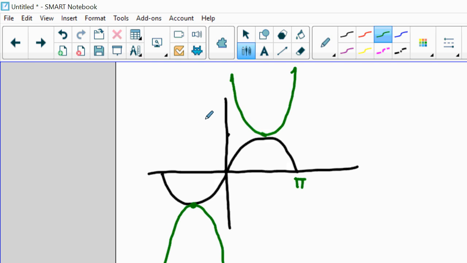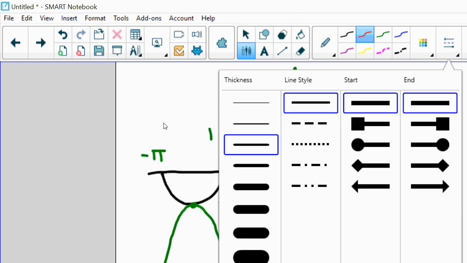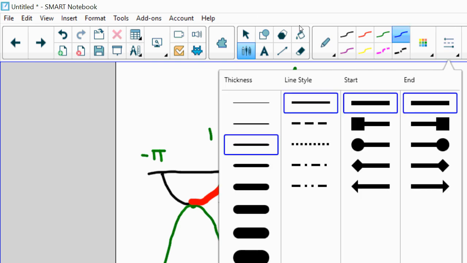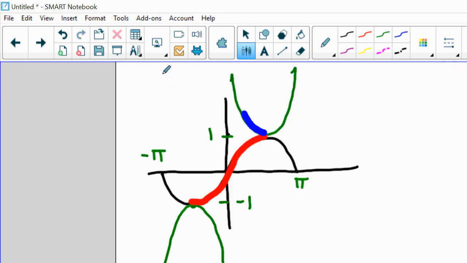So you know this is pi, minus pi, 1, -1. And we scribbled restricted, scribbled, same thing, to be like that. Therefore, when you want to introduce inverse cosecant, you're going to have to do that.